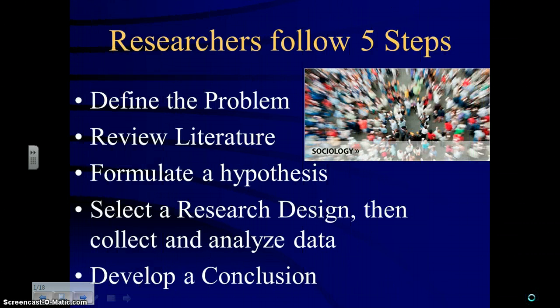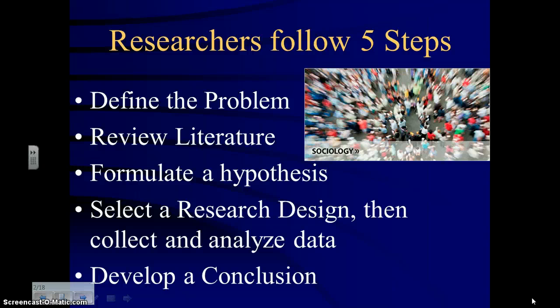So let's take a look at the steps that people follow when they follow the scientific method. The scientific method is a systematic, organized series of steps, and you see these on the screen, that ensure maximum objectivity and consistency when you're researching.